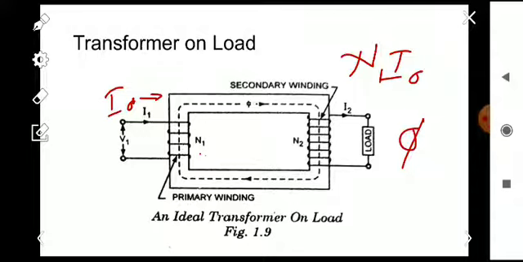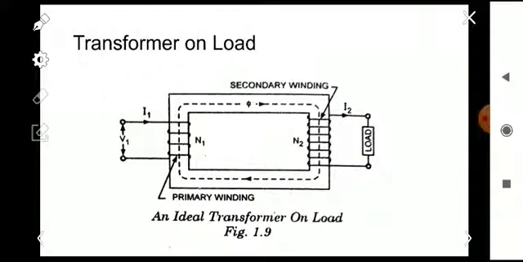When an impedance is connected across the secondary terminals here, a current I2 flows through the secondary winding.